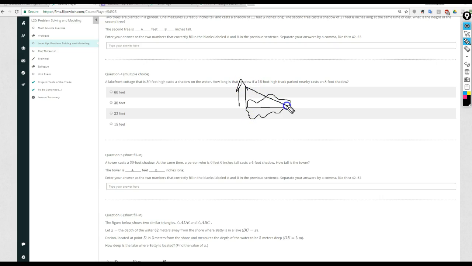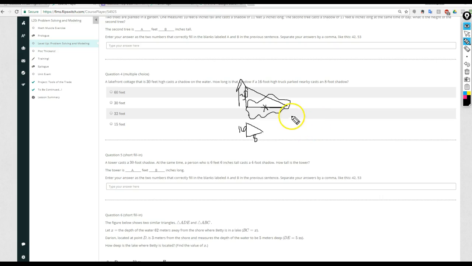So there's our diagram for the cottage, and the cottage is 30 feet high, and I don't know the length of its shadow, but a 16-foot high truck that is parked nearby casts an 8-foot shadow. So that's how you would set up your diagrams.